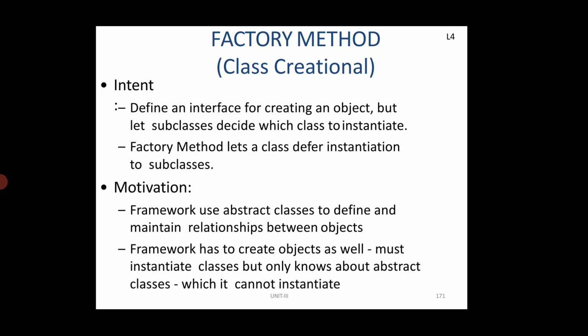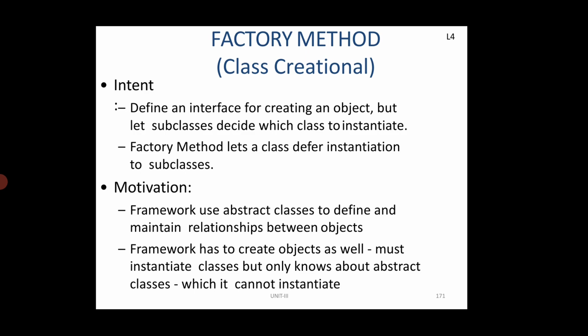We need to implement the methods whatever you need to define, and maintain the relationships between objects. An object is an instance of a class. It is a self-contained component which consists of some operations, methods or functions, whatever it may be.